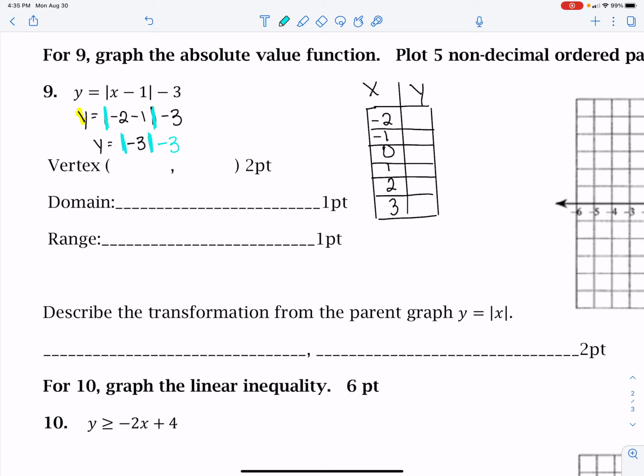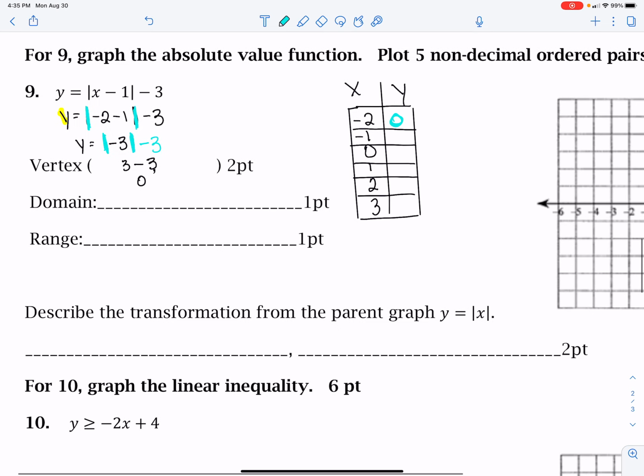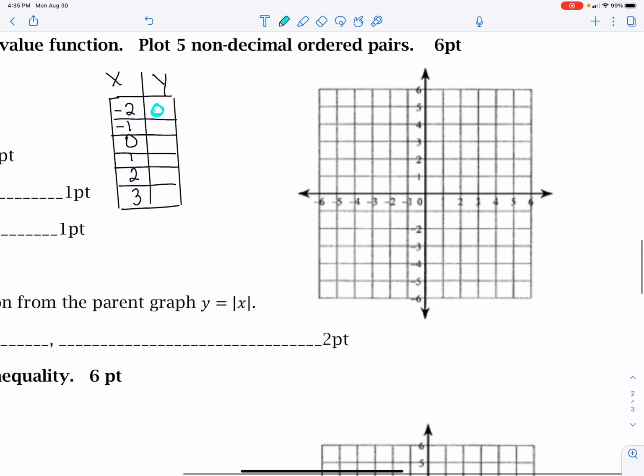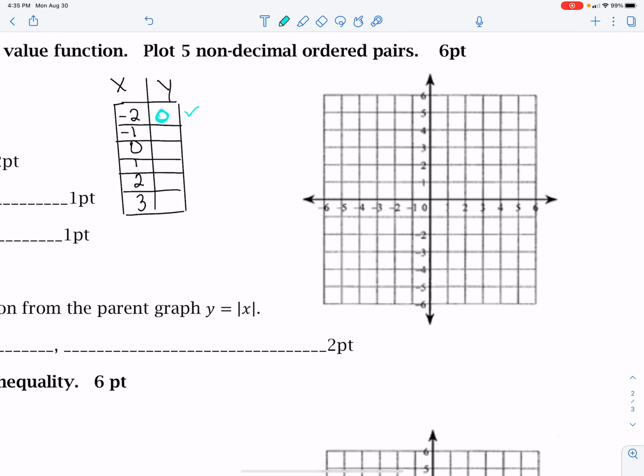So this one here would be 3 minus 3, which comes out to 0. So when we substituted in -2, we got 0 for our y value. Now let's go over and plot that. So -2, 0 is right here.